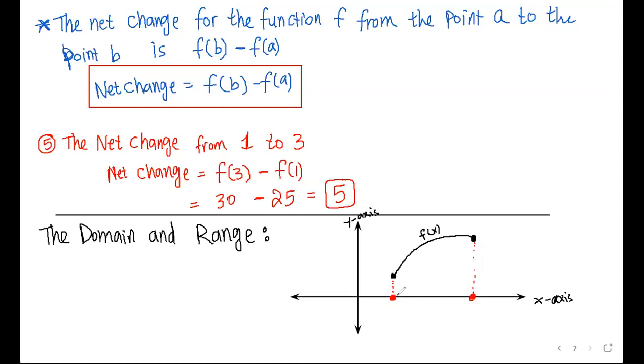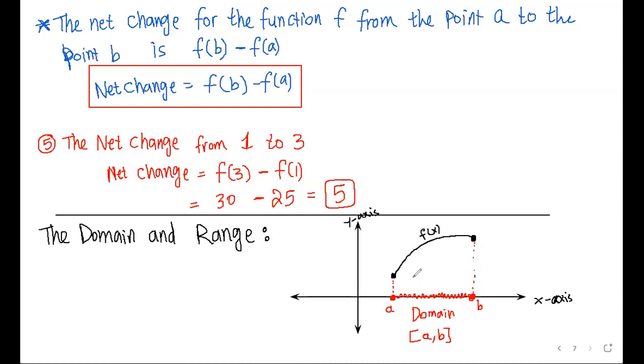All these x values are the domain for this function. So the domain is a closed interval. Suppose this is A, this is B, closed interval from A, comma B.